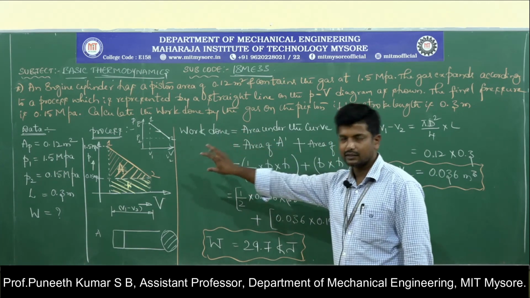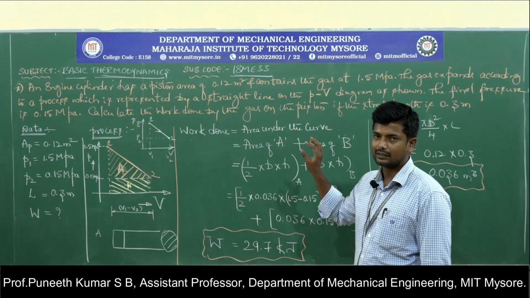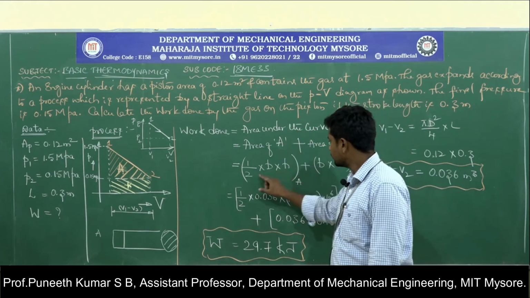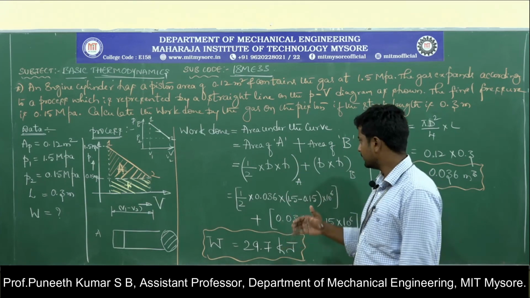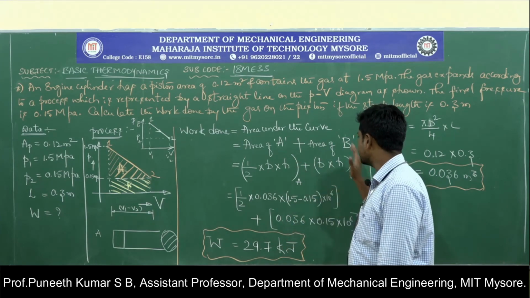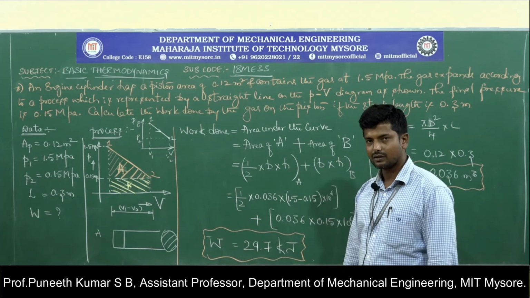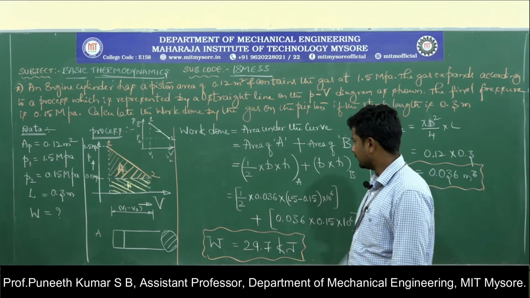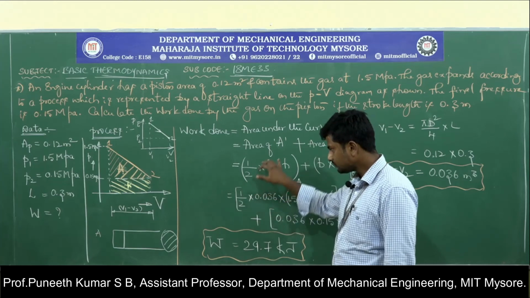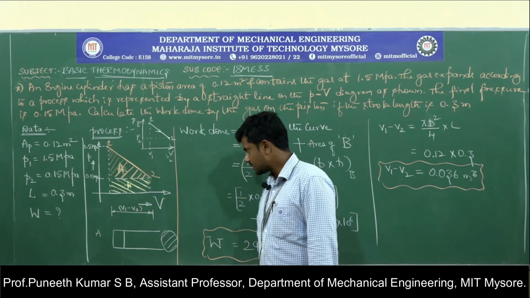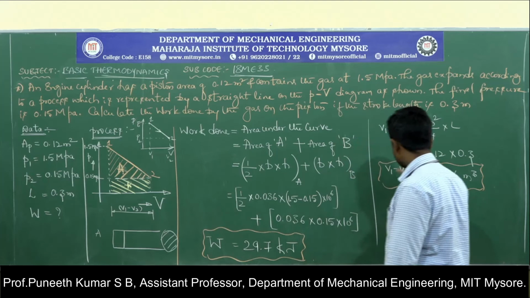The area under the curve can be split, as we discussed earlier, into two parts: the triangular area and the rectangular area. Half into base into height is the equation for the triangle area, and base into height is the equation for the rectangle area. So, we have substituted the base value as we have already got it.